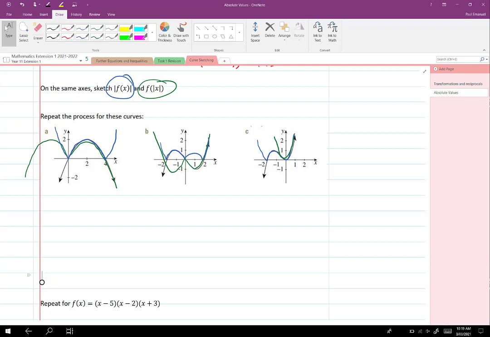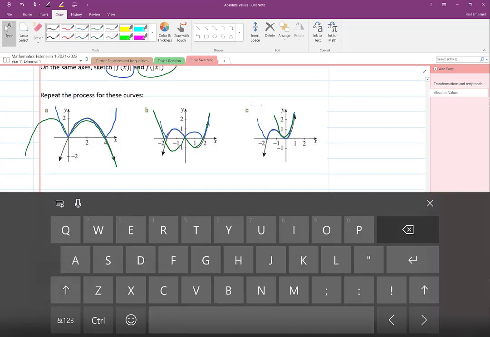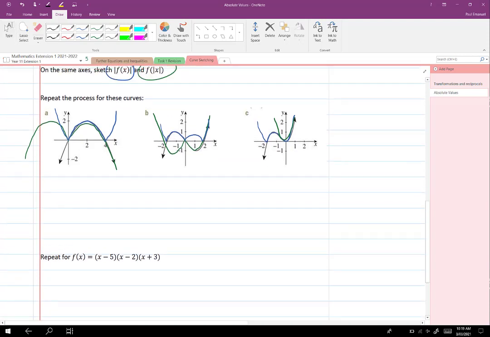Okay, so for the last one, I want to graph it. I've got to find the three zeros: negative 3, 2, and 5. So how would I know which way it goes? It's a positive cubic, so it starts down and ends up. I did that with the 2020 past paper, the last question. It was find the zeros and graph it.